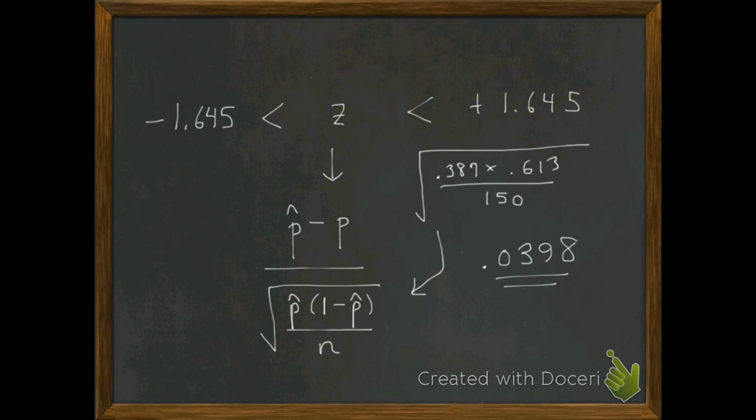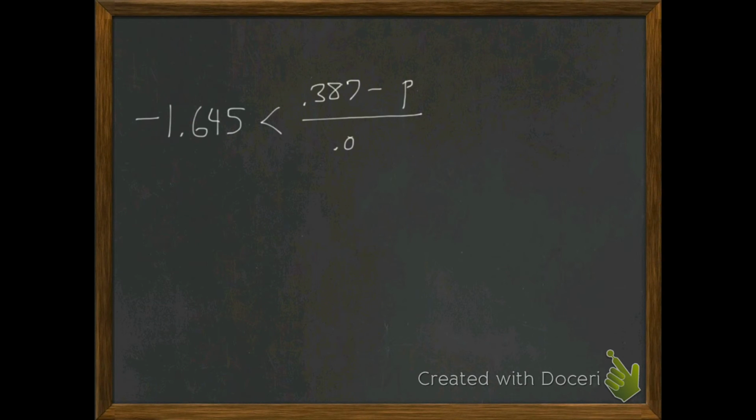So guys, let's clean this up a little bit. Negative 1.645 less than p hat minus p over 0.0398. Clearly I need to multiply everything through by 0.0398.